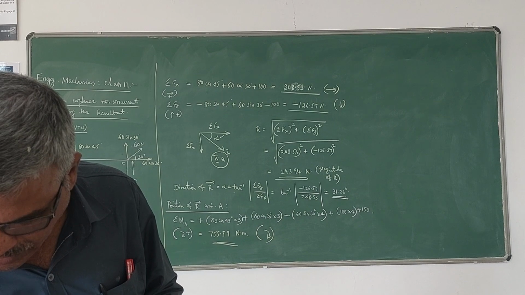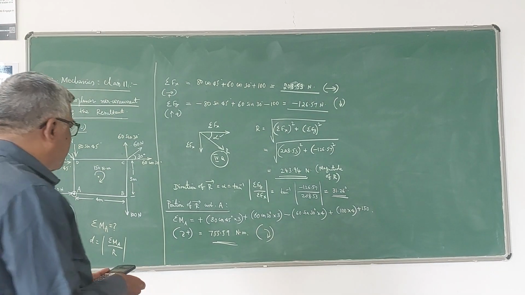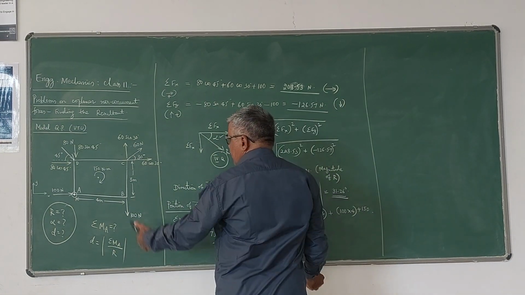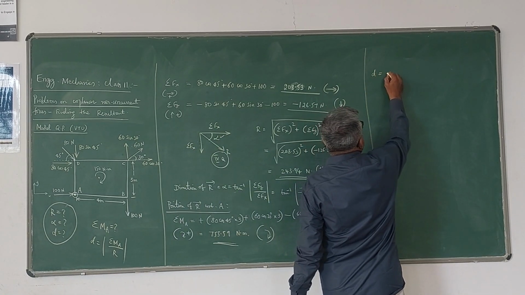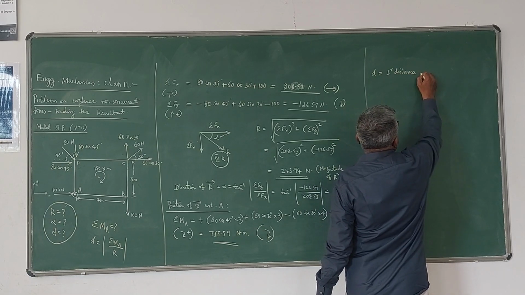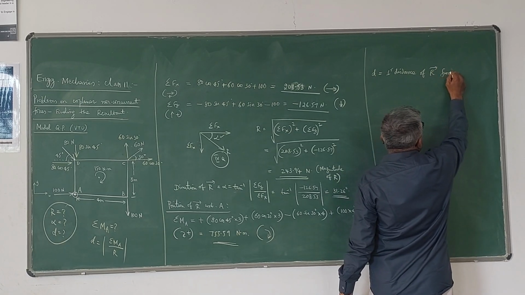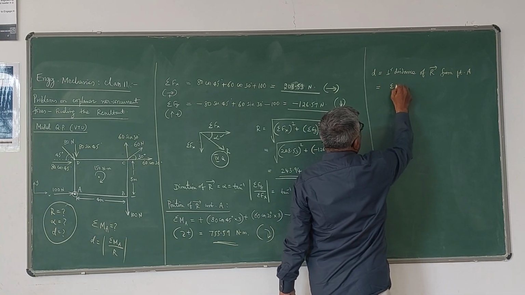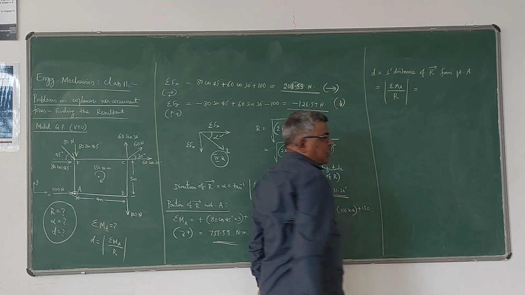Now once you get that, you can find the distance. The perpendicular distance of the resultant from the point A, we are going to get as D. D is the perpendicular distance of the line of action of R from point A. This is given by sigma M_A divided by the modulus of R, because the distance I am taking as a positive value.